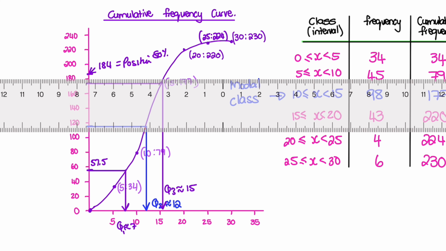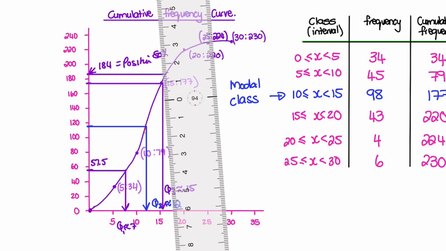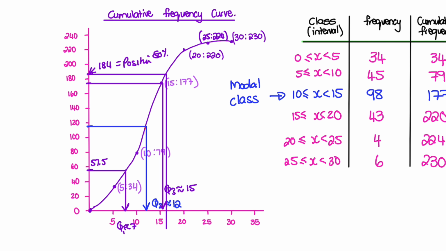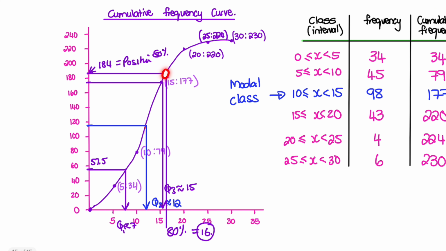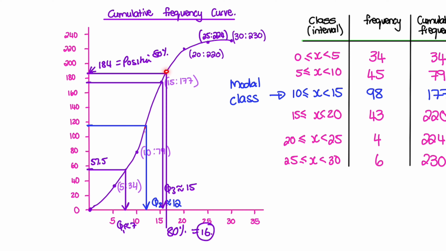And again, you use your ruler, draw a line horizontally and vertically straight down. So that looks like roughly 16. So the 80th percentile is around 16. That's the observed value or the estimated value. So what that means is that 80% of the data would be smaller than 16 and 20% of the data would be higher than 16.